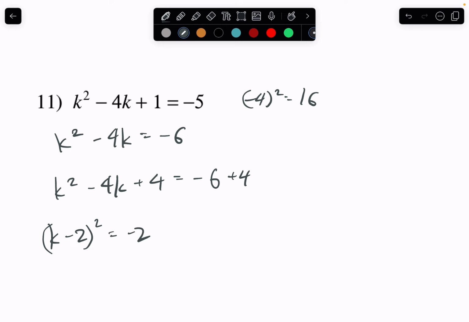And then -2 at the other side. I'm sensing an imaginary number here.